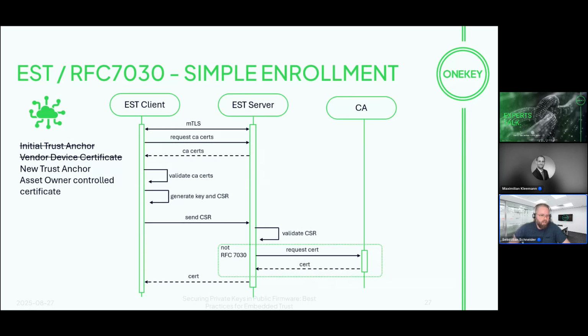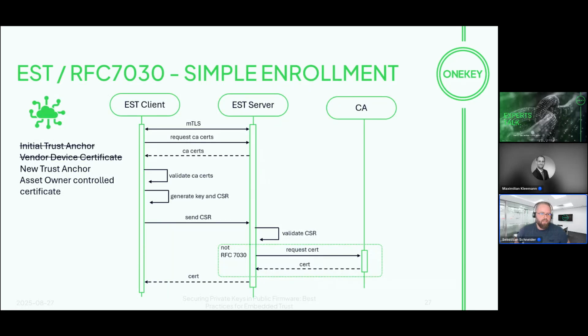So then the initial device certificate will also be invalidated, and the device has an asset owner controlled certificate for its device identity. And now, of course, when the certificate is going to expire, the same process can be started again, but this time, of course, already with the asset owner controlled certificate to renew the certificates.